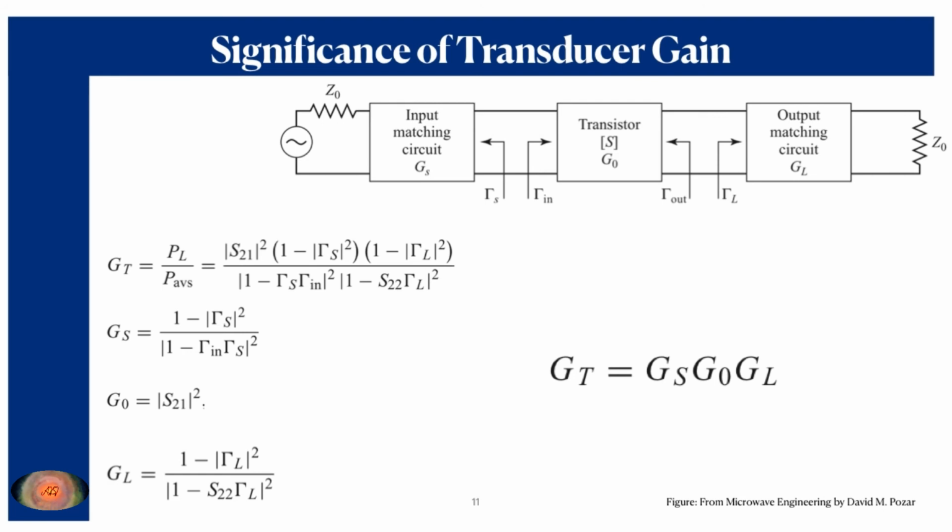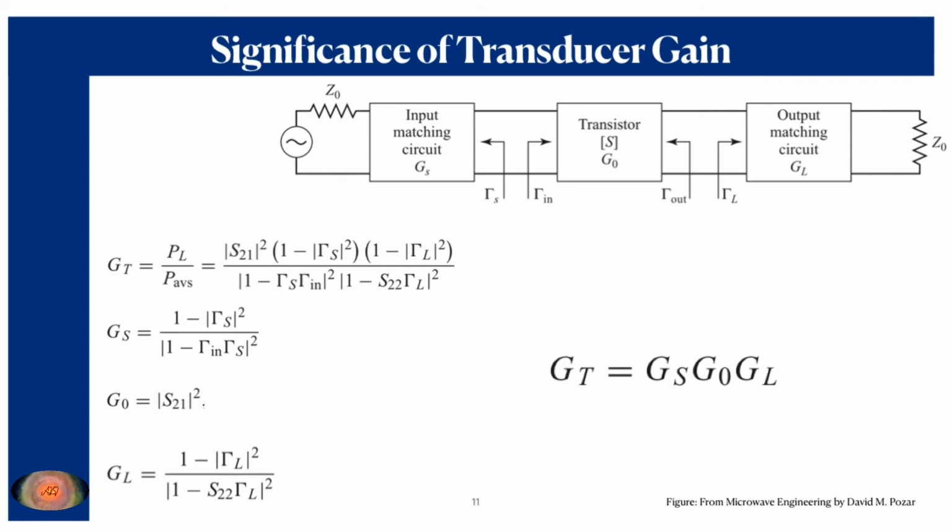Similarly, all the other parameters are associated with the load. Gamma L and S22 are associated with port 2, and gamma L is associated with the mismatch between the load impedance and the characteristic impedance. Therefore, this GL should be associated with some output matching circuit, and gamma L and S22 define the relation between the input of the output matching circuit, that means at this terminal, and the output of the output matching circuit, that means between these two terminals.